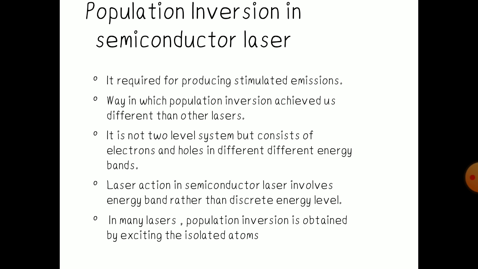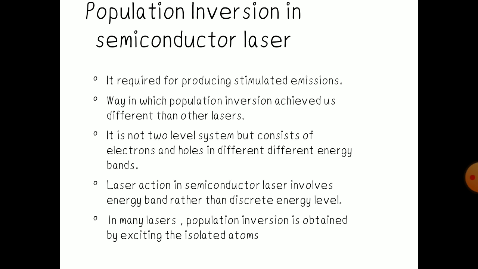So it is not a two-level system but consists of electrons and holes in different energy bands. This statement is about semiconductors. Unlike other lasers such as the helium neon laser, in semiconductors there are bands, the conduction band and the valence band, and these bands consist of electrons and holes.